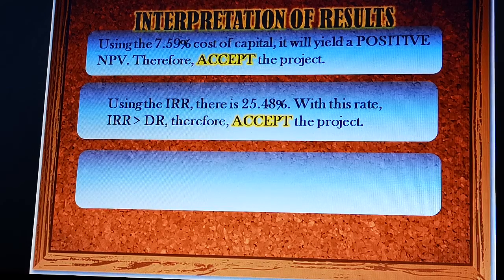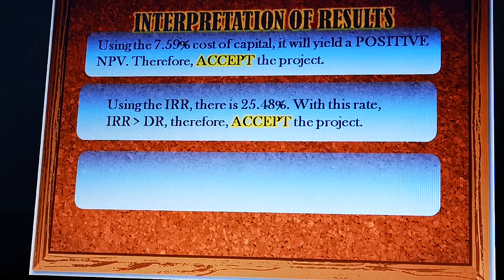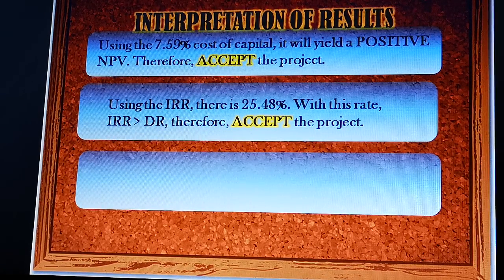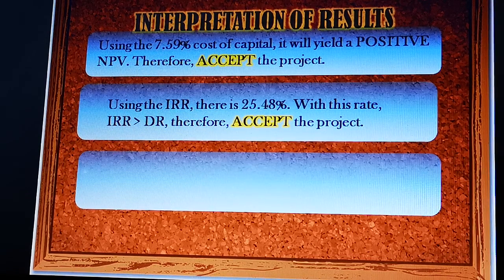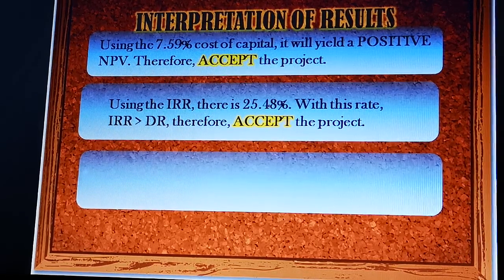Using the internal rate of return, there is 25.48%. With this rate, internal rate of return is greater than the discount rate. Therefore, we can accept the project. Assuming the cost of investment are equal among the various projects, the project with the highest internal rate of return would probably be considered the best and be undertaken first.